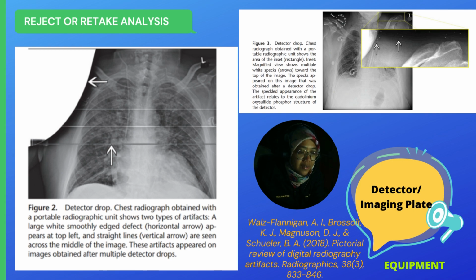These artifacts appeared on images obtained after multiple detector drops. Many times this happens. Okay, the second one, here you can see multiple white specks above the clavicle. This is an example of the error.